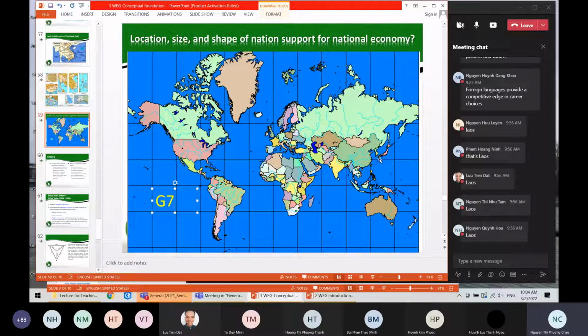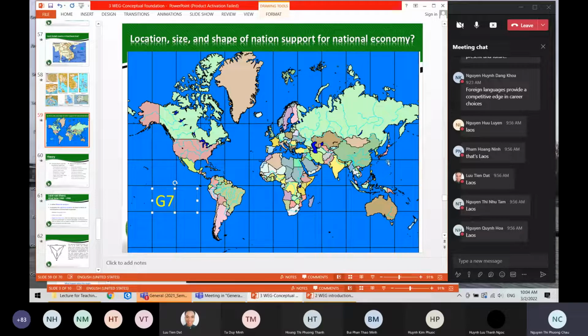In 1960, Japan had no resources, but now it has a strong economy. Japan is one member of G7, the seven strongest economies in the world.